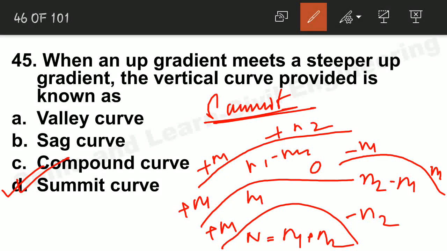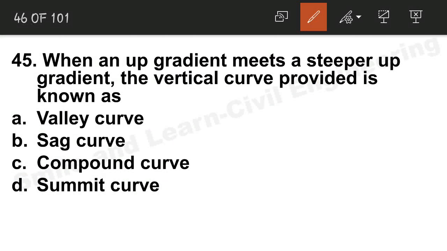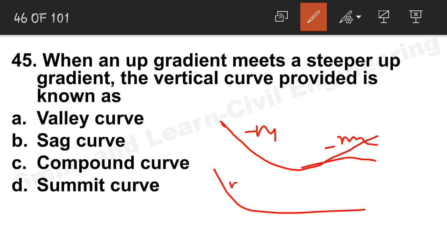But since the exam is near, let's also discuss the valley curve. What it does is that first is minus n1 to minus n2. Next is minus n1 to 0. Next is minus n1 to plus n2, this will come like this only.